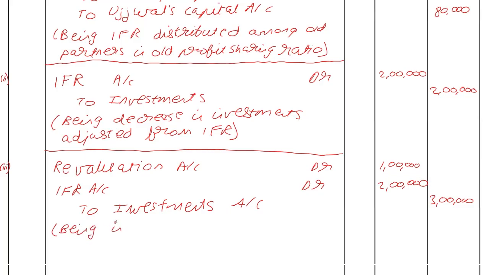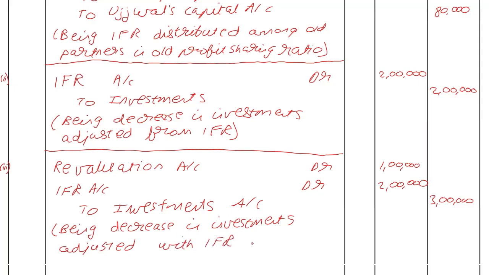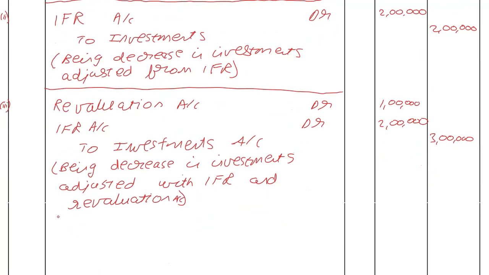Being decrease in investments adjusted with IFR and revaluation account. You can say met out of IFR and revaluation account, either way. With that, we are done with this question.